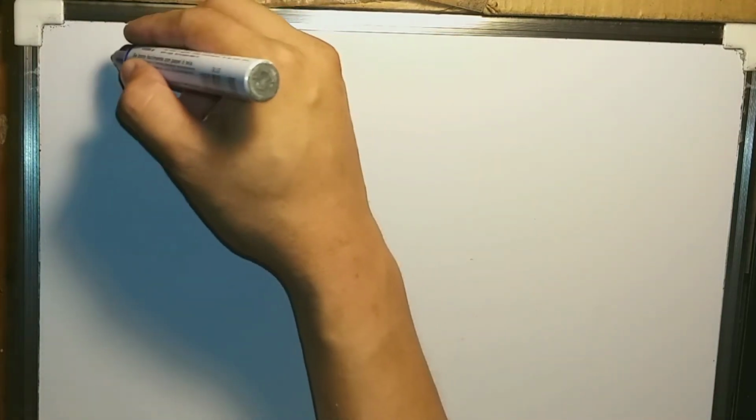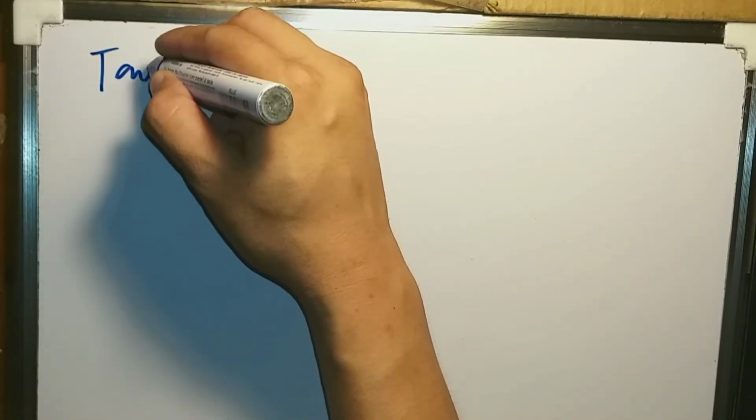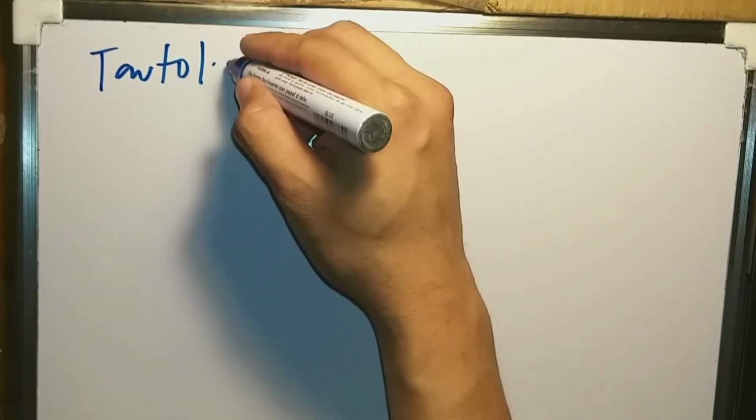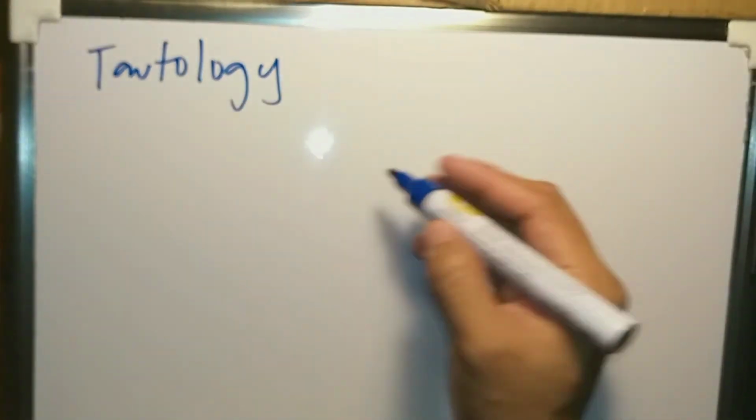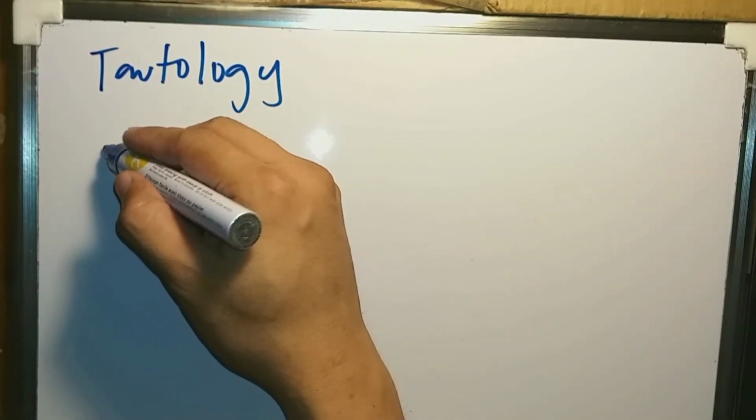Okay, so I forgot to define some terms that we need to consider. These are tautology and contradiction.